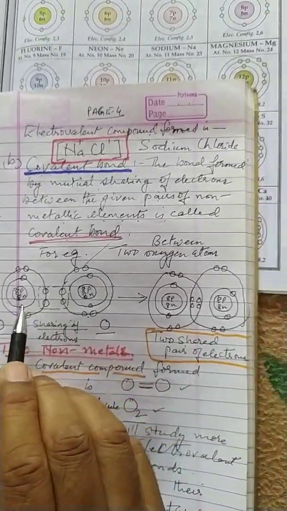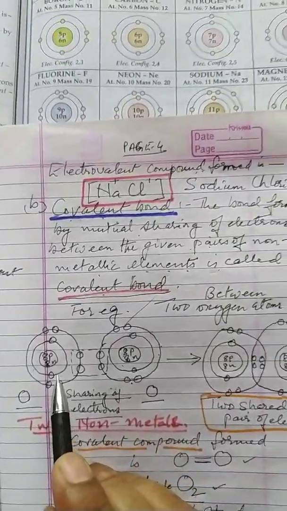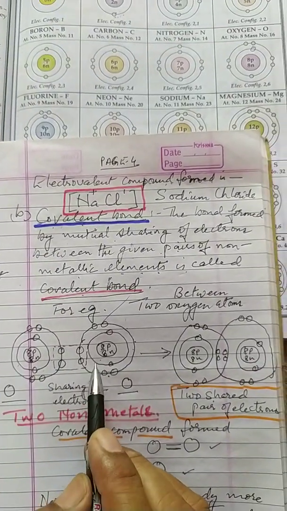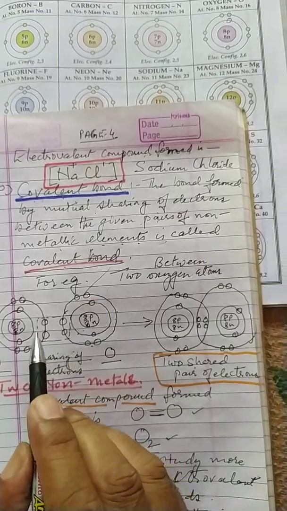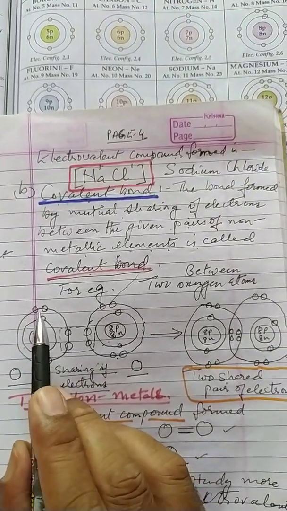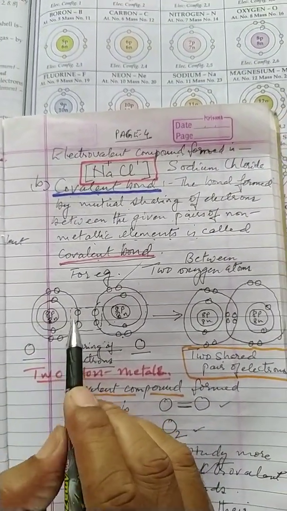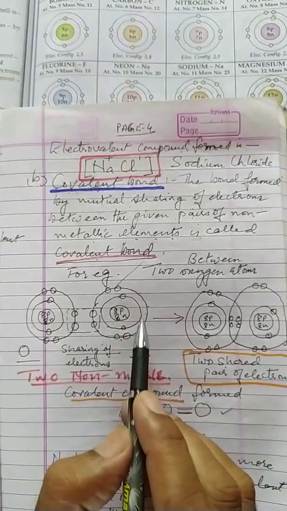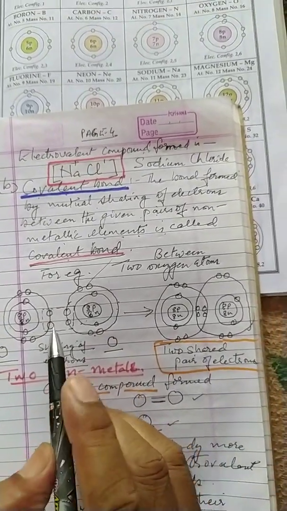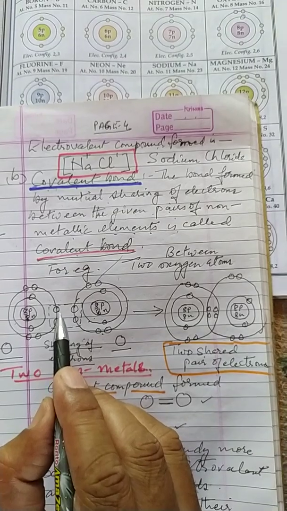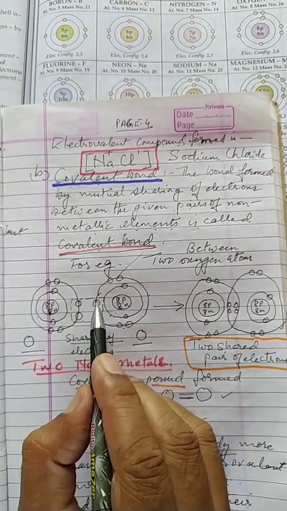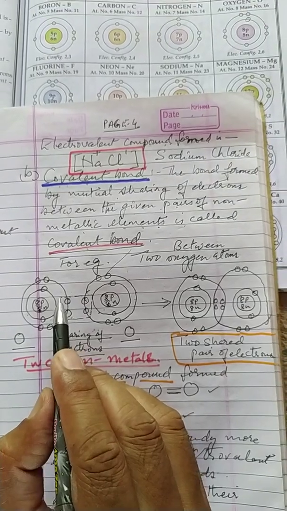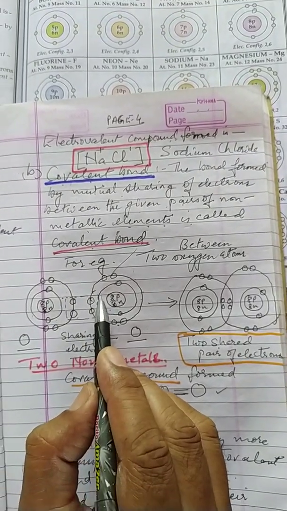Now, how does each of these oxygen atom gets 2 electrons from each other? By sharing. You see children, these were 6 electrons in the outermost shell and 6 electrons in the outermost shell of this atom. Now there is a sharing of 2 pairs of electrons. This is one pair of electron which is being shared between this oxygen atom and this oxygen atom.